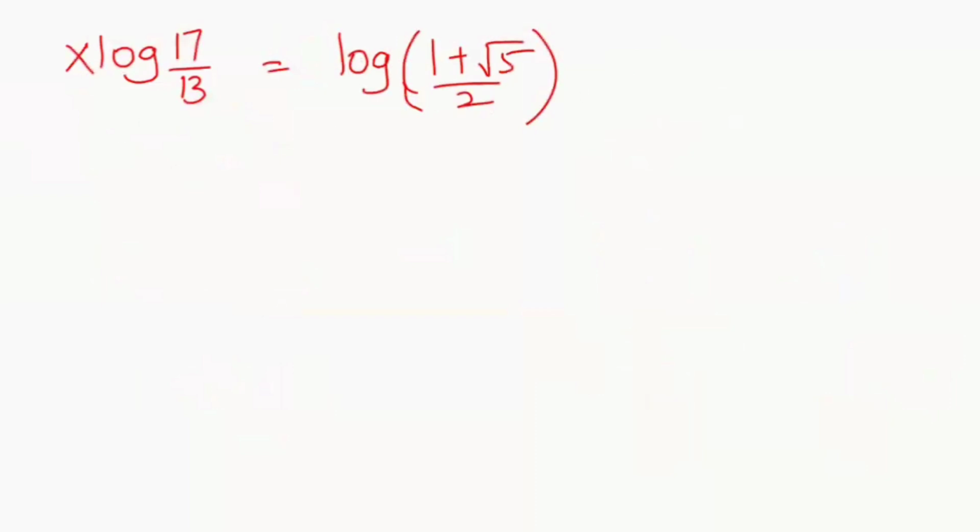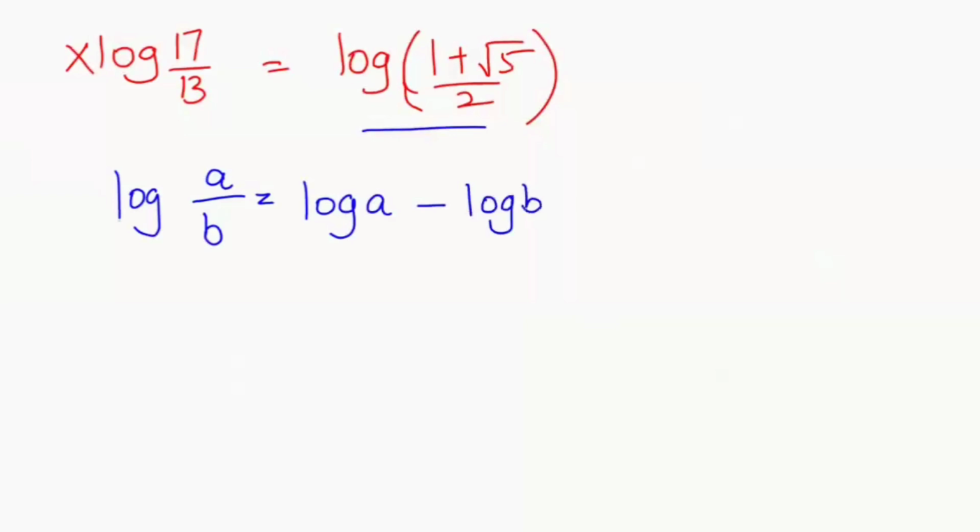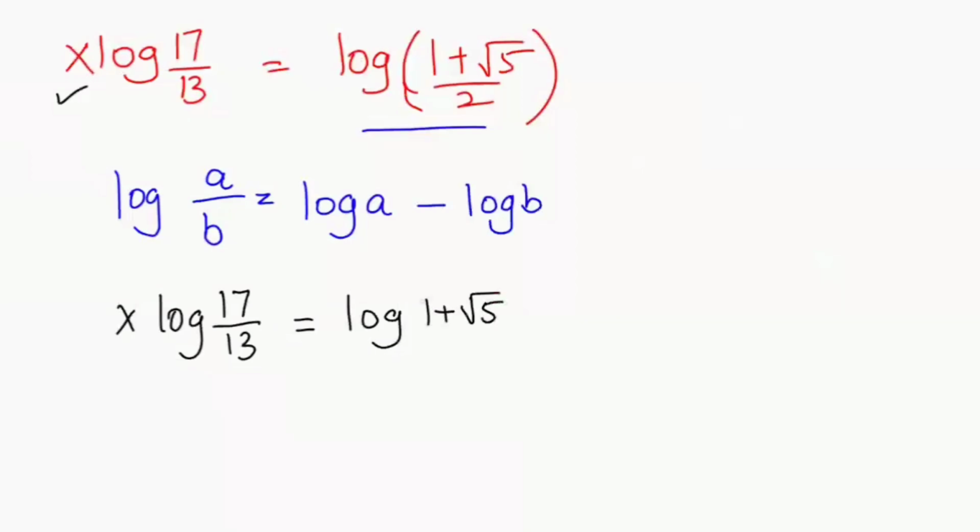Now here I am going to apply the logarithm property, that is log of a over b is equal to log of a minus log of b. So this will be x log of 17 over 13 is equal to log of 1 plus root 5 minus log of 2.